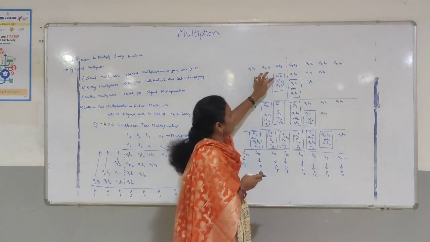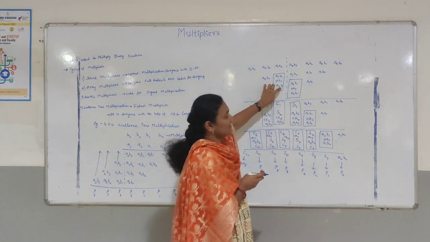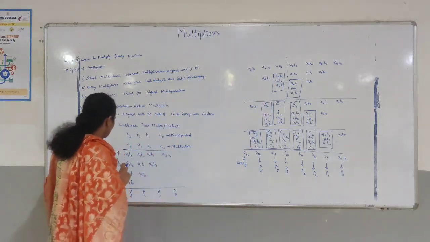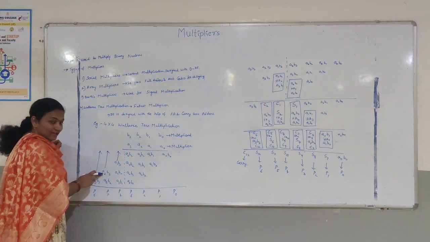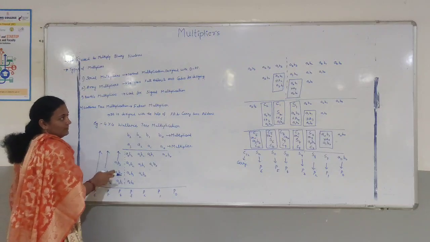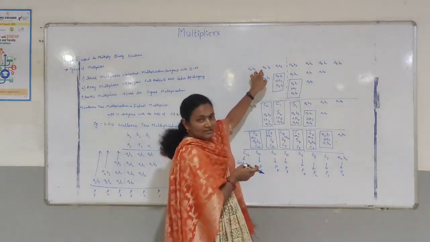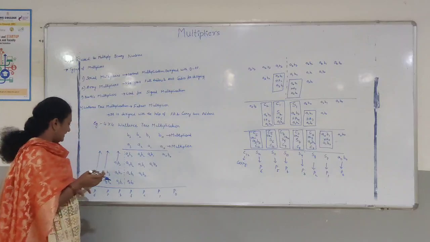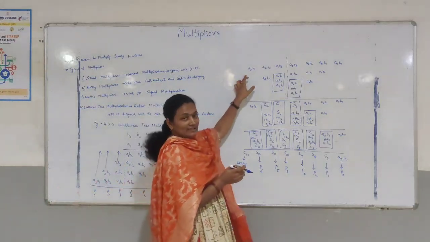A1, B3, A2, B2, A3, B1. Next product terms, which are A2, B3 and A3, B2, will be added here. And another one, A3 and B3, will be here.